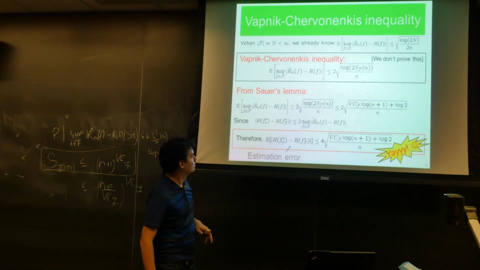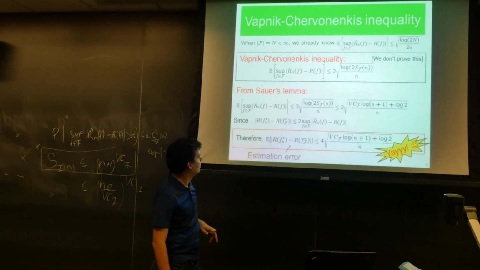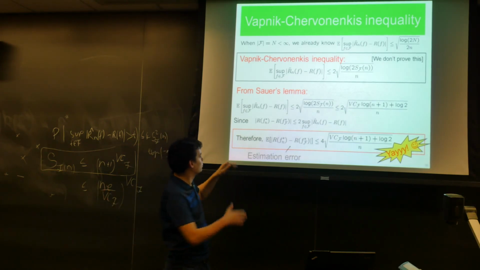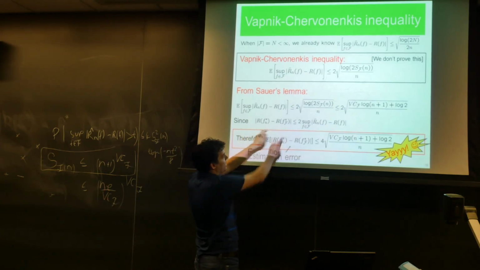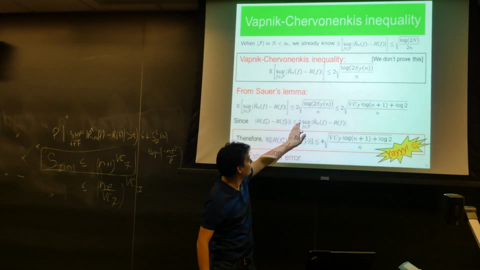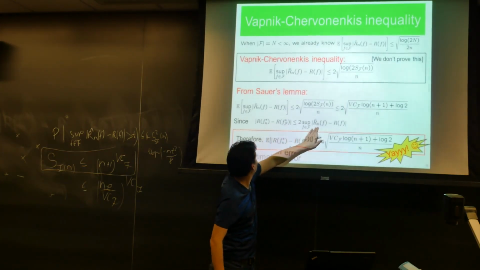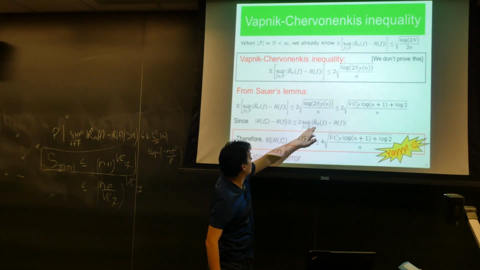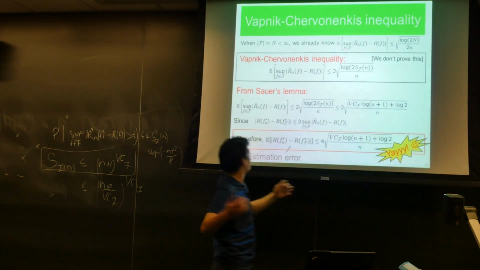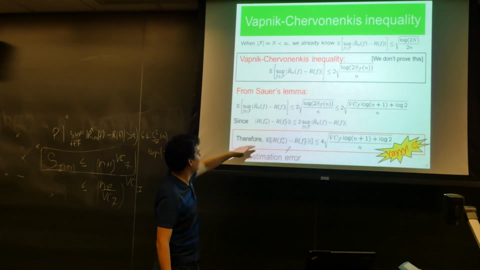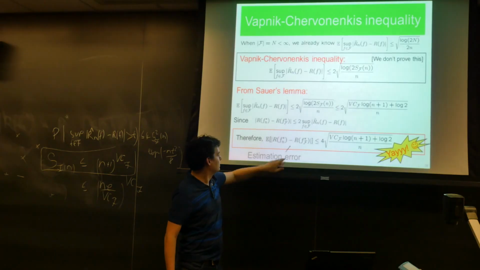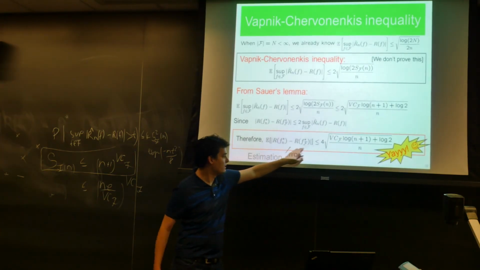Originally, our main interest is the estimation error, this expression. And we know that the estimation error can be upper bounded with 2 times this supremum. And now we have a bound on the expectation of this supremum, which is this expression.